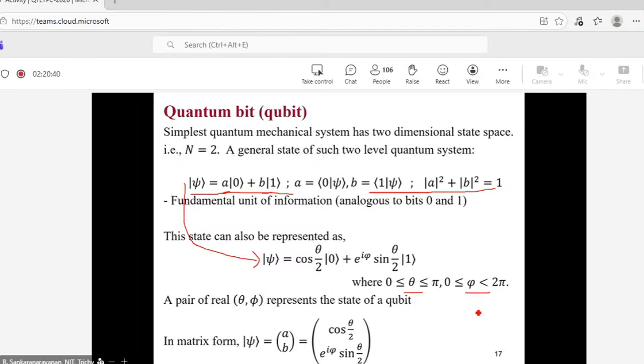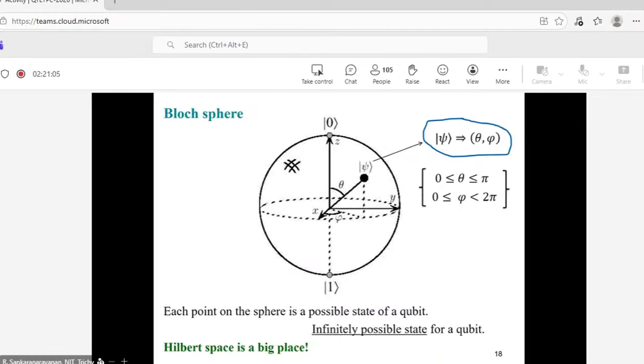Okay. So one can also write the same state psi in the matrix form. Psi is equal to a column matrix of A and B. I just write the coefficients A and B. So here A is cos(theta/2) and B is equal to e^(i phi) sin(theta/2). So graphically, one can represent the state psi in what is called the Bloch sphere.